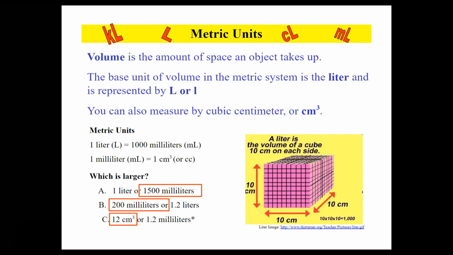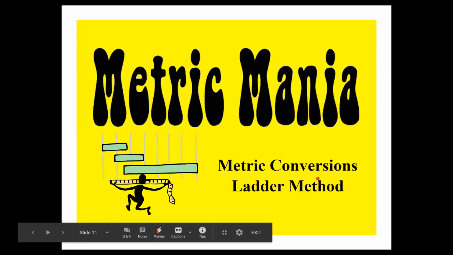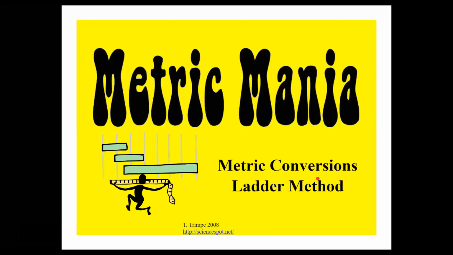The next thing is a teeny bit more complicated, but I promise it is much simpler than that balancing equation stuff we were doing last week. And this is doing metric conversions. So if we have a certain number of grams of a substance, what if we want to know how many milligrams we have?